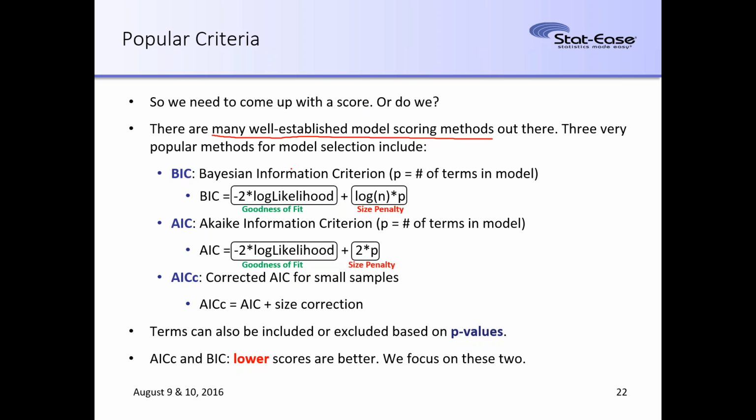Three very popular model scoring methods that the program can use when it does automatic model selection include BIC, which stands for the Bayesian Information Criterion, AIC, Akaike Information Criterion, and AICC, which is the corrected Akaike Information Criterion for small samples.